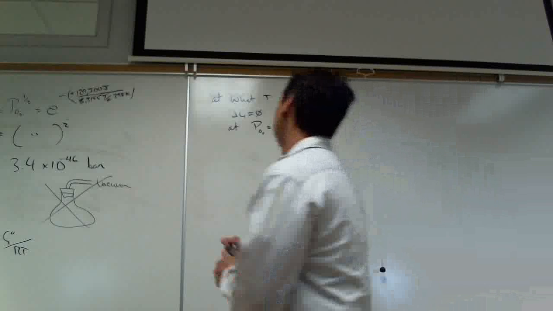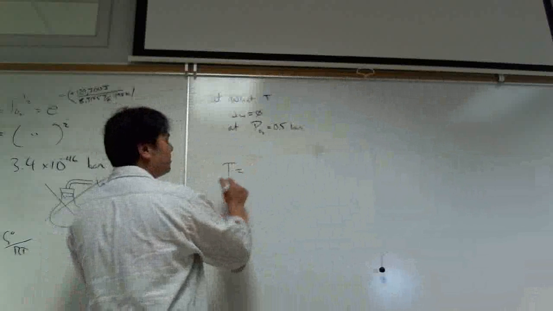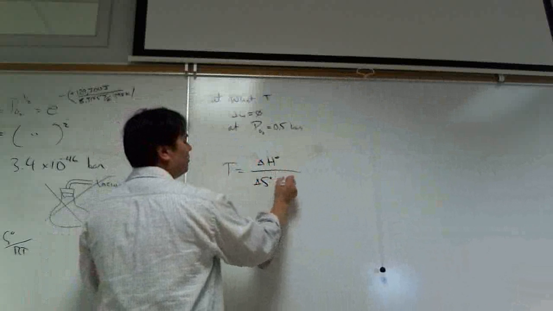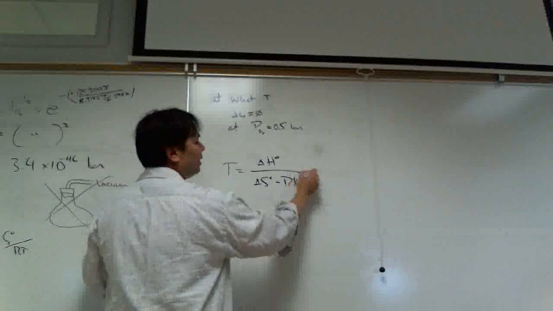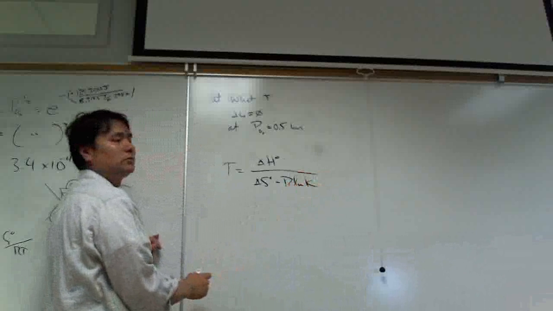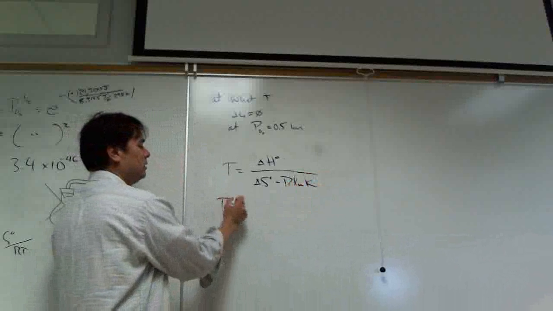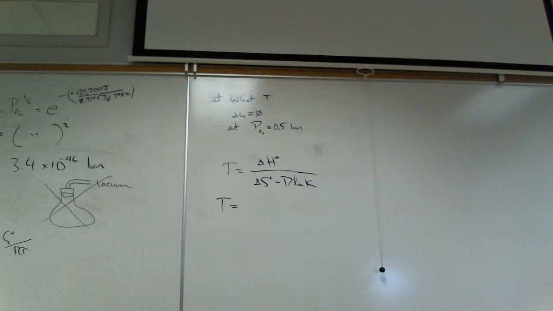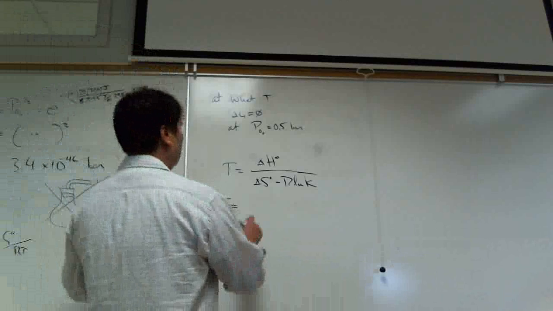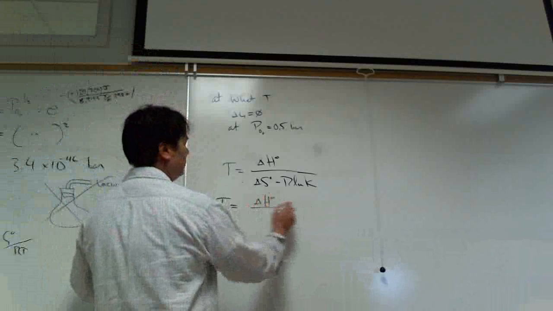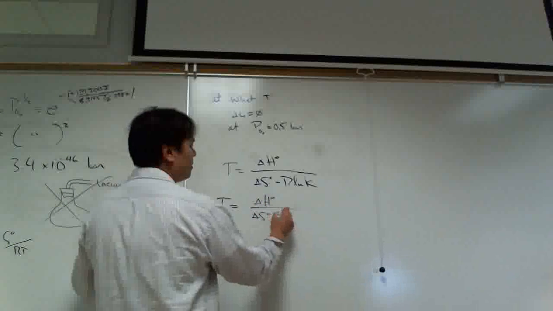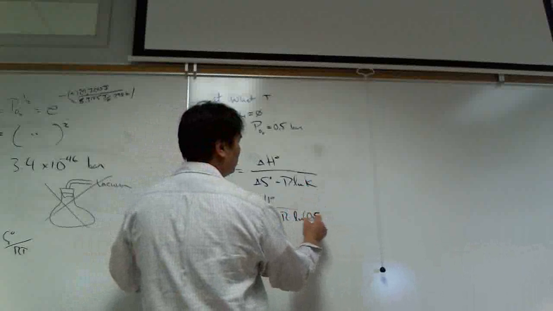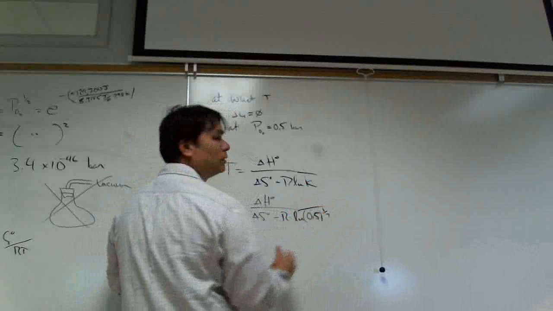This is where we use that fancy equation. Do you remember it? T is equal to delta H naught over delta S naught minus R ln of K. So if we have a half a bar, we plug in our delta H naught and delta S naught, we have minus R ln of K. K is going to equal 0.5 to the 1/2.